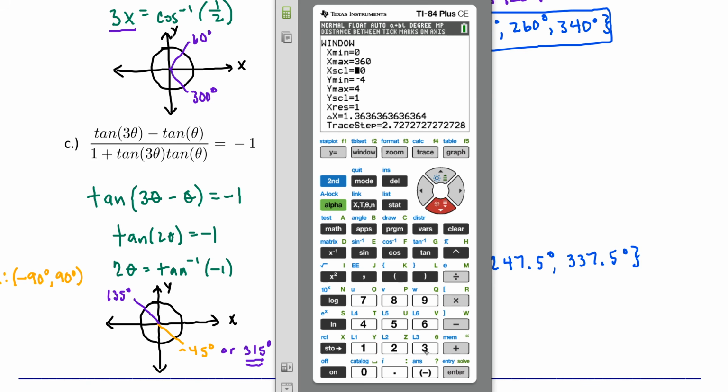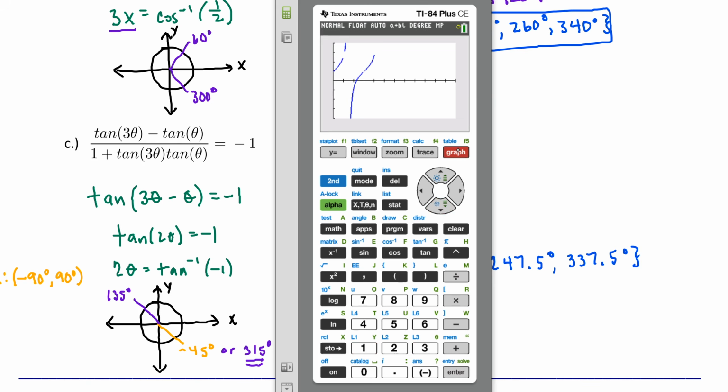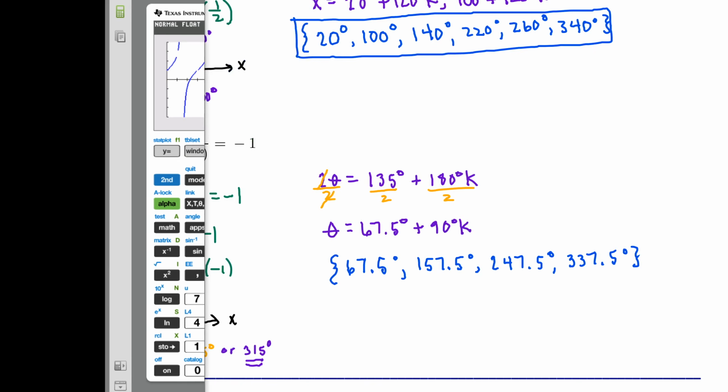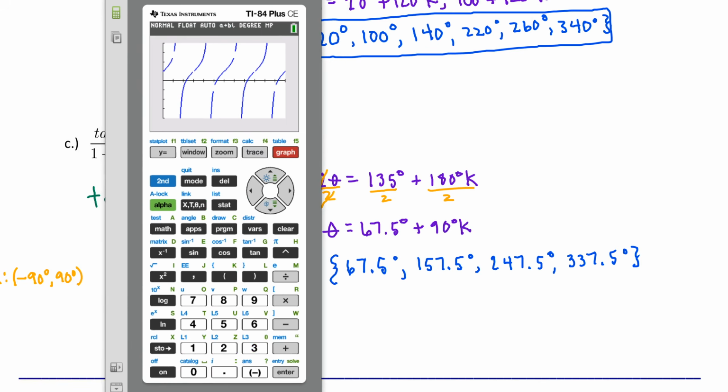Now I'm just going to set my x scale to be multiples of 30 because we have answers here that are not common unit circle angles, and they're also containing 0.5. But we can see that we have 1, 2, 3, 4 x-intercepts, and we had 4 solutions. So we did a great job. One last little tip with your calculator.